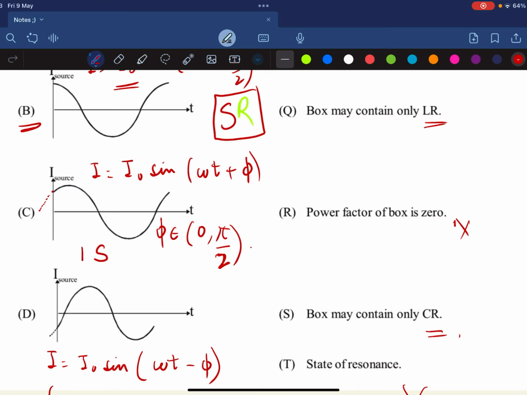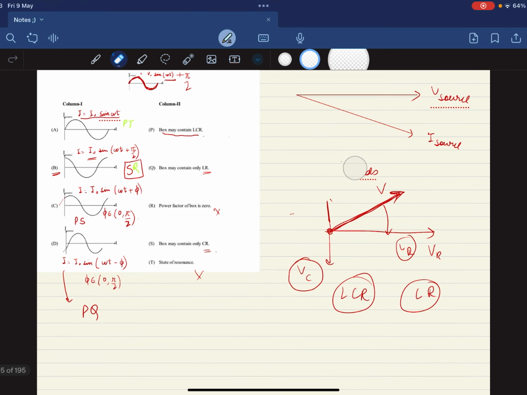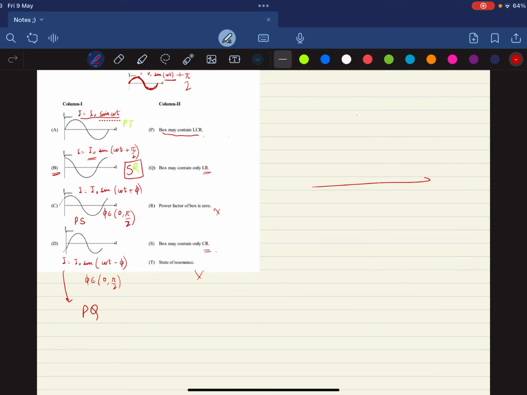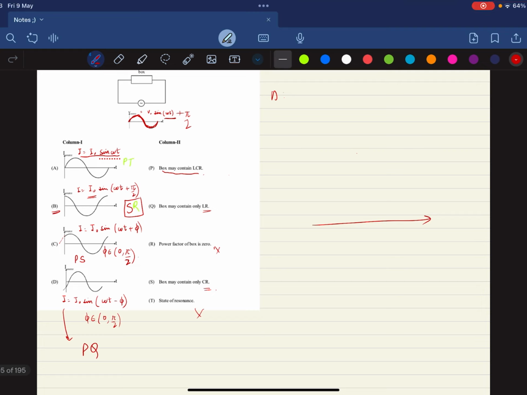And similarly, I forgot here also, in the C part, we had to add to the V source to get to the I source.